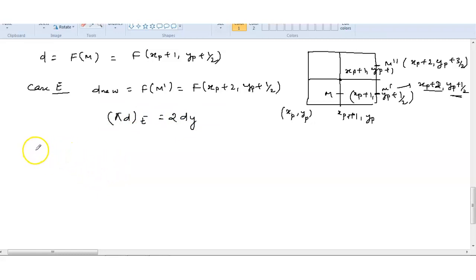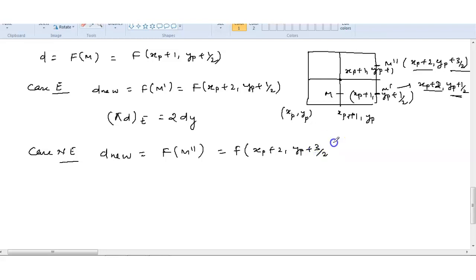And when we are choosing the northeast corner, d new is equal to f of m double dash, and that time the coordinate is xp plus 2 and yp plus 3 by 2. This means x and y are both incrementing by 1.